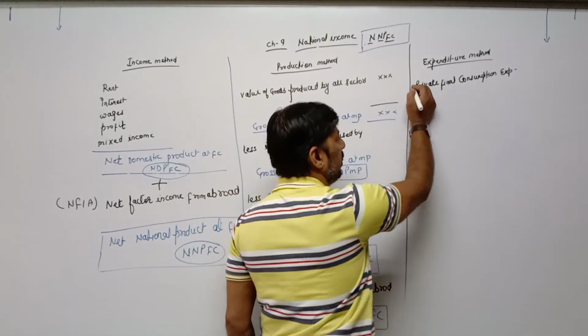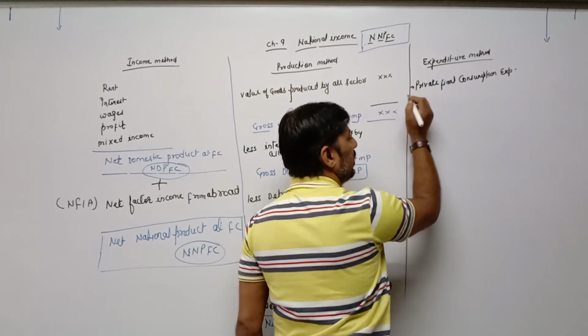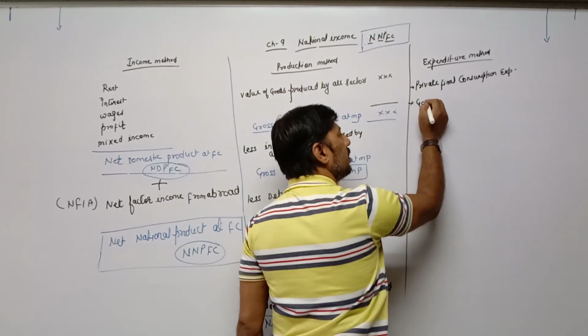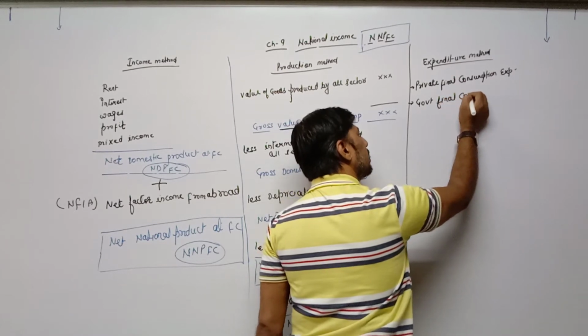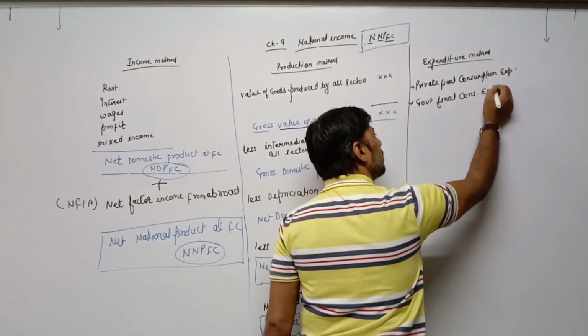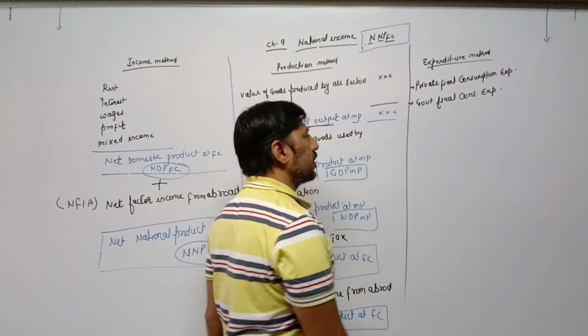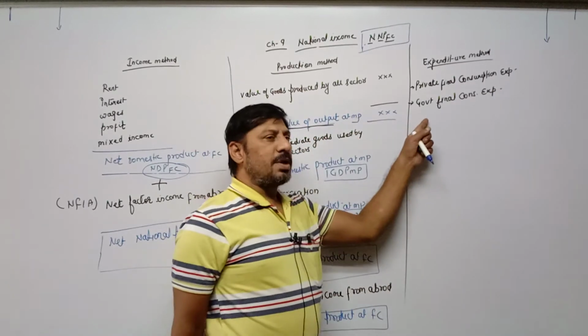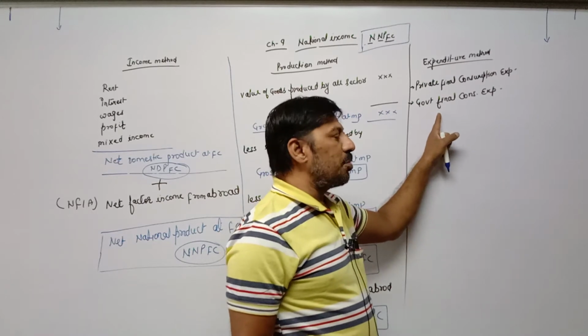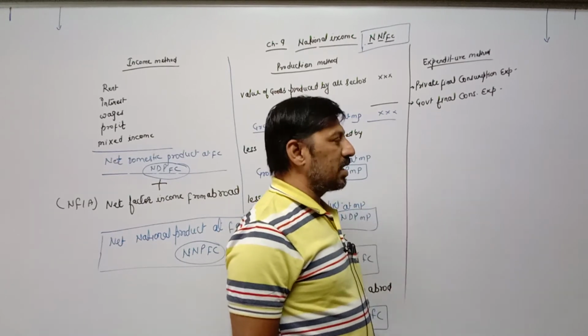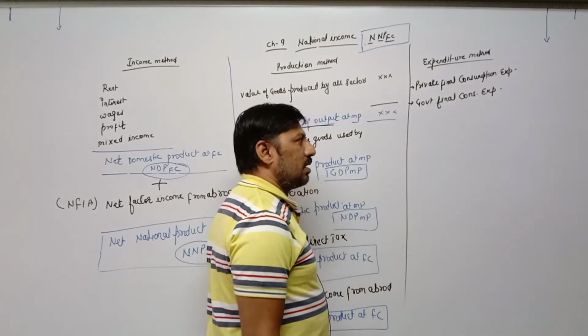Then the second component is government final consumption expenditure. Government is also spending lots of money on infrastructural facilities, and they are also making payment in the form of salary, wages to their employees.